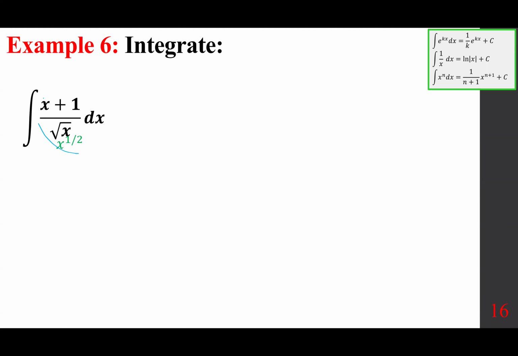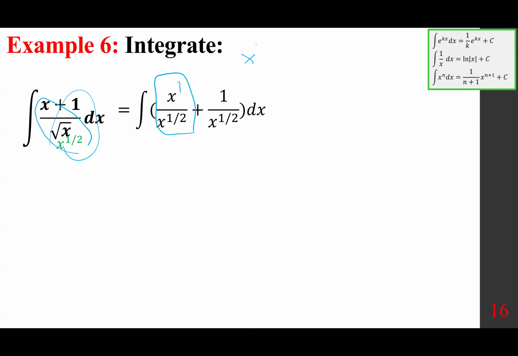This is 1. x over x to the power of 1/2. This is another. As you know, the exponent is 1 in the numerator. So for this one, you have x to the power of 1 minus 1/2, which is x to the power of positive 1/2. The second one, x to the power of negative 1/2. So what you're looking at is elementary algebra. We should have no problem with that so far.